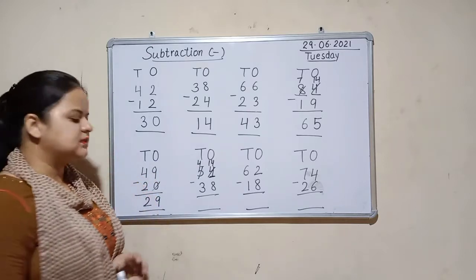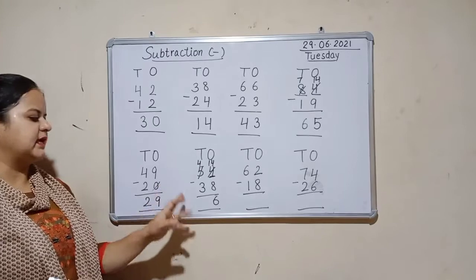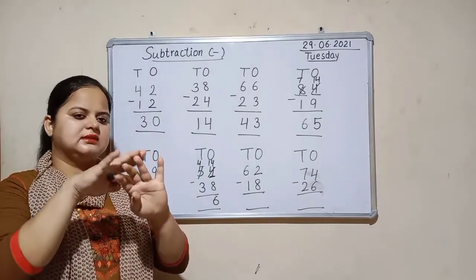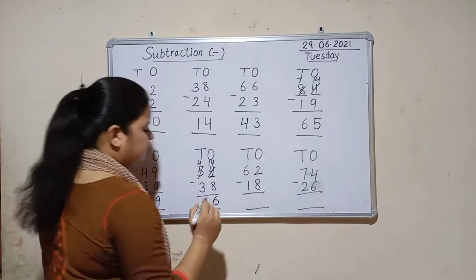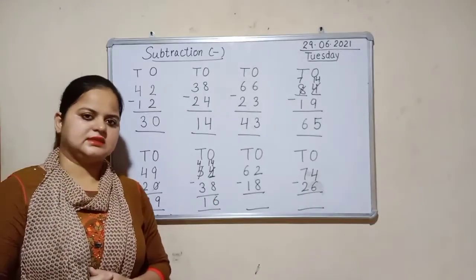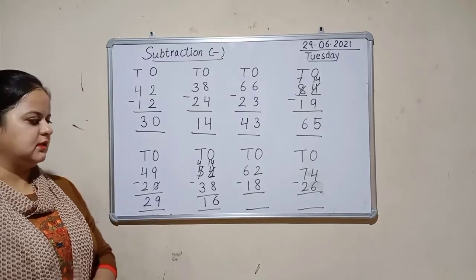How many are these? 6. Okay, 4 minus 3. Only 1. 54 minus 38, 16.